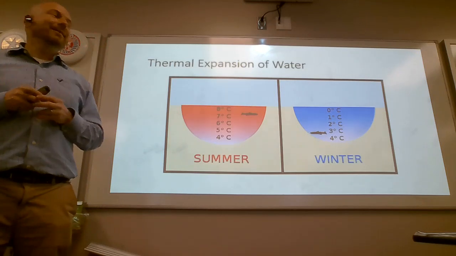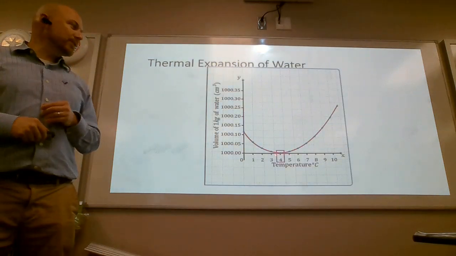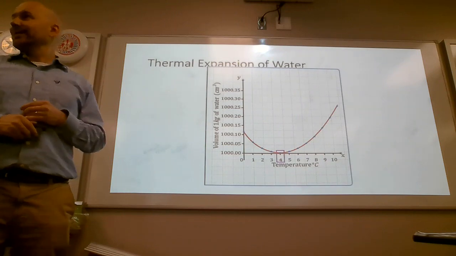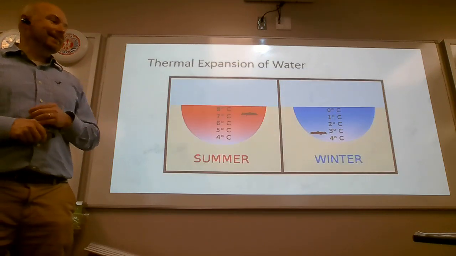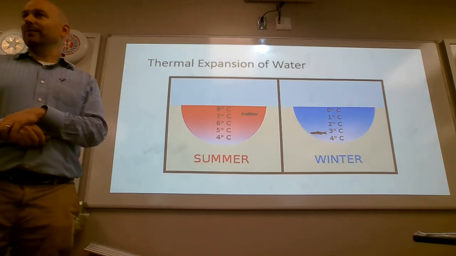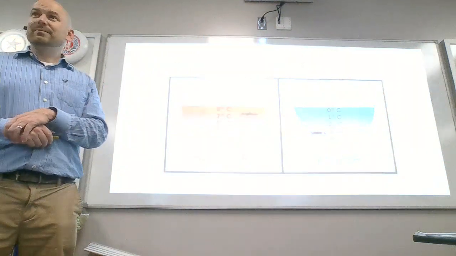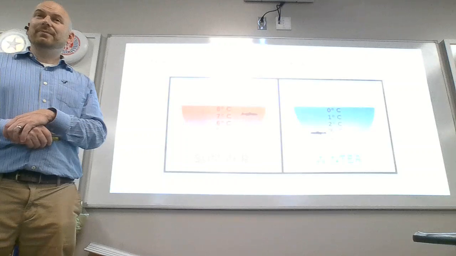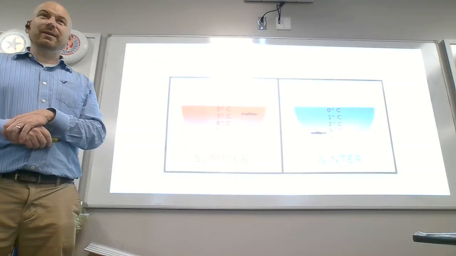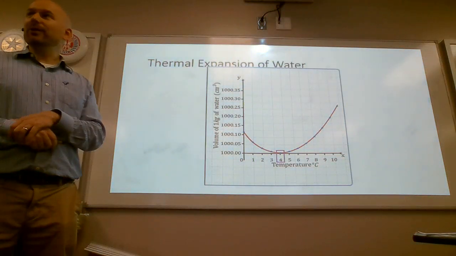But in the wintertime, because 4 degrees is the most dense, it actually sinks underneath the colder water. This is not normal. Does that make sense? The colder water is less dense than the 4 degree water.